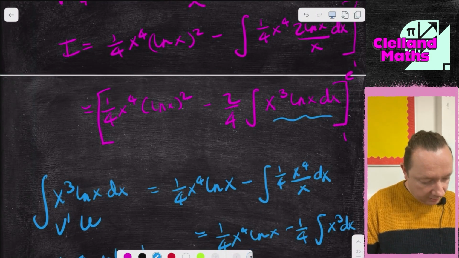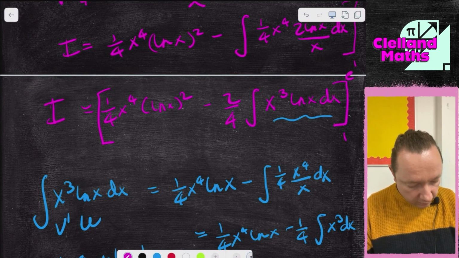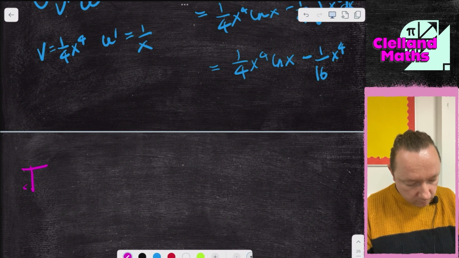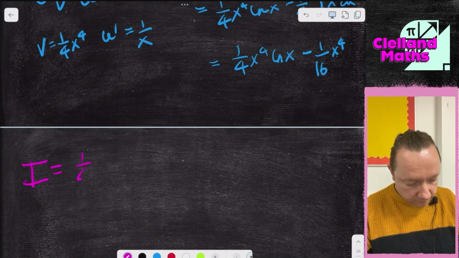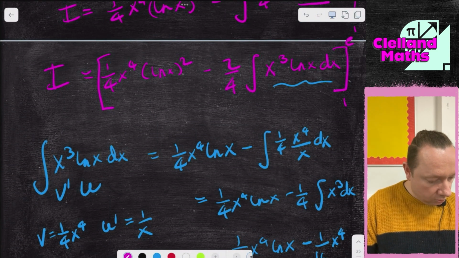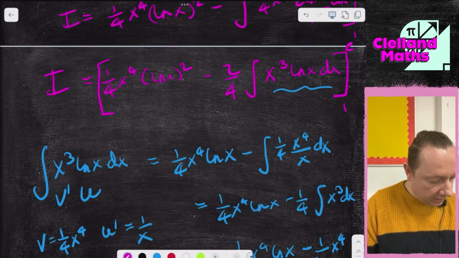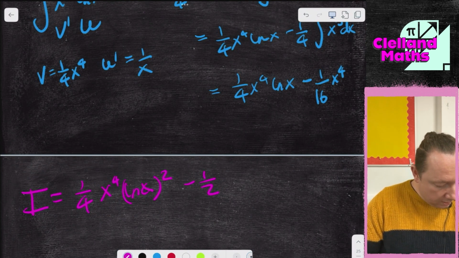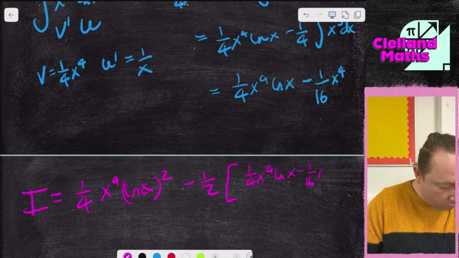So that means that I can now say that I, remember we called this I initially, we can rewrite that now. We've got a quarter x to the 4 log of x squared minus 2 quarters, which is a half, of the integral of x cubed log x we've just worked out as a quarter x to the 4 log x minus a 16th x to the 4.